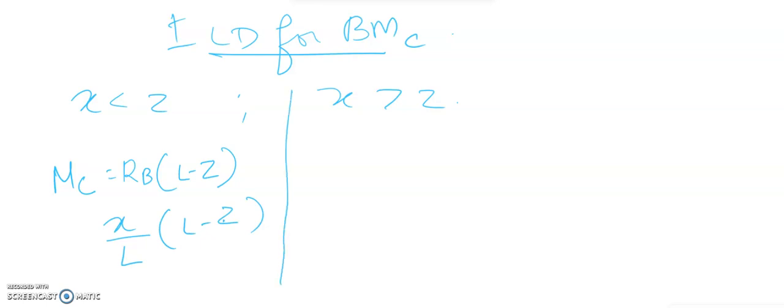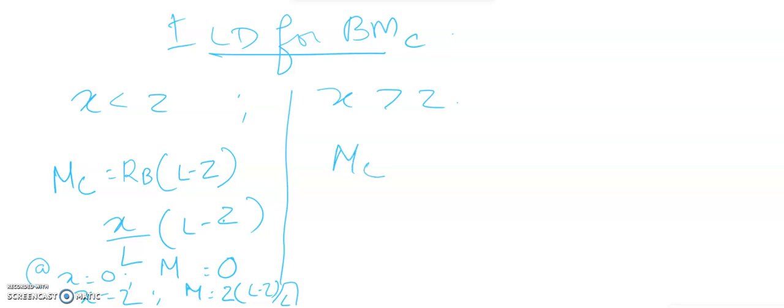Next, substitute: at x equal to 0, you get bending moment equal to 0. Then at x equal to z, you get bending moment as z into L minus z by L. Now in the same way, for the other case, when x is greater than z, you can write moment at C is equal to RA into z.